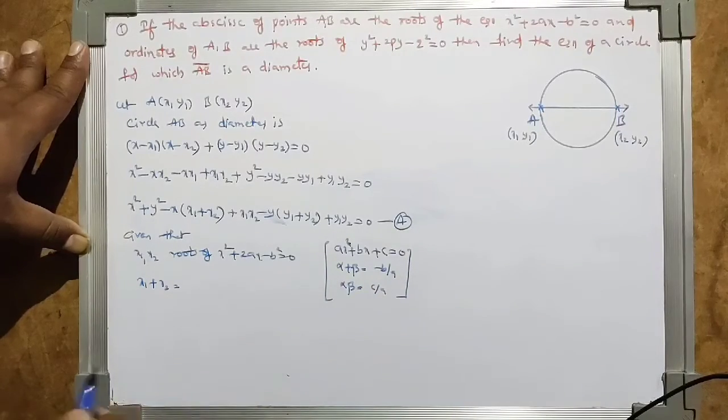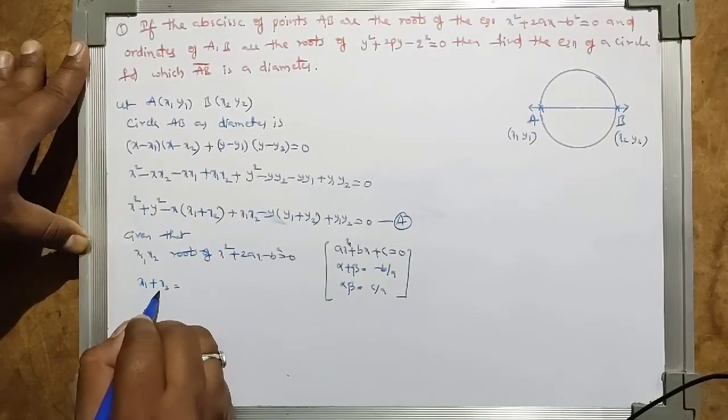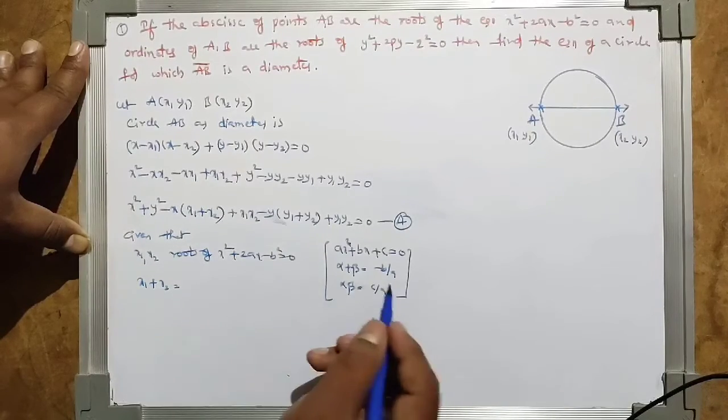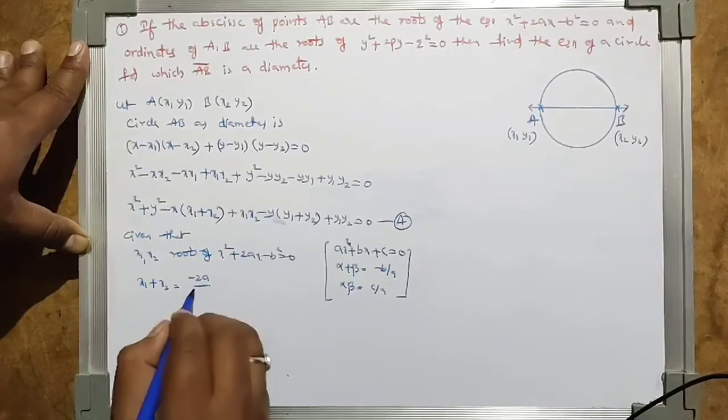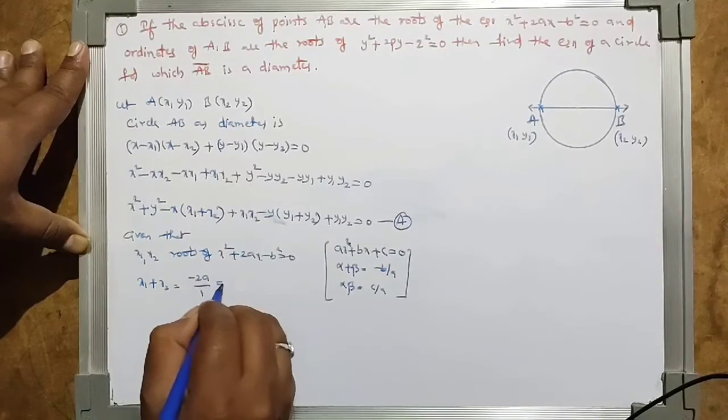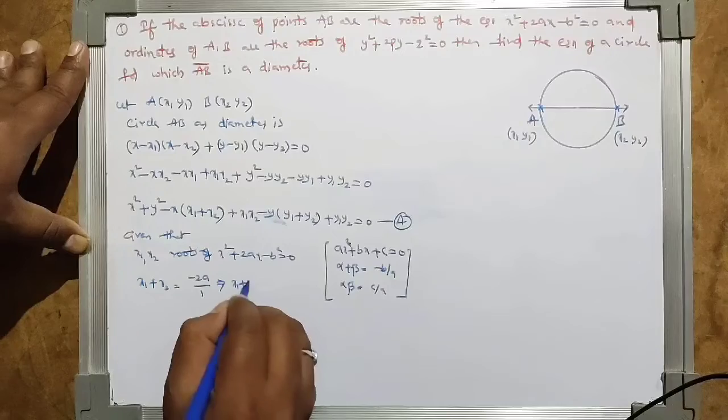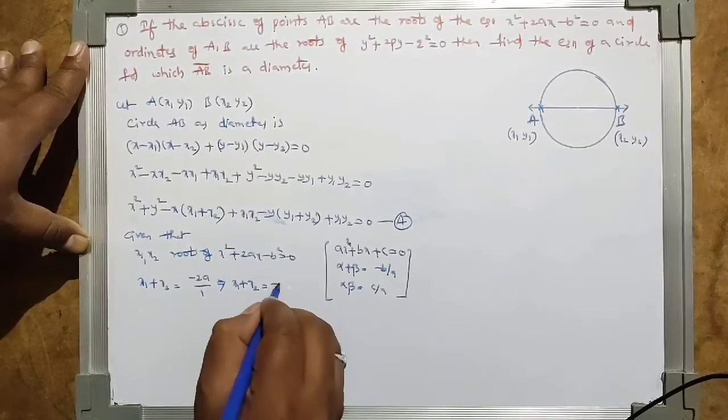Applying the formula here, x1 plus x2 is the sum of roots, minus b by a, that is minus 2a by 1, so x1 plus x2 is equal to minus 2a.